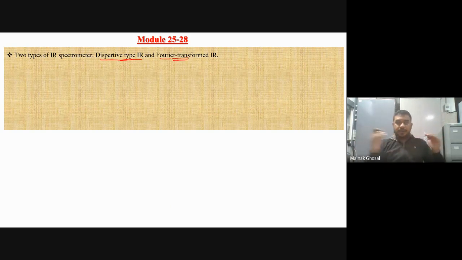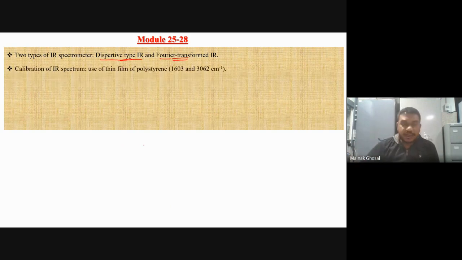You have seen that one movable mirror is there, and it will move, and it will give you what kind of frequency it is giving, and using the Fourier transform, this will be converted from the time domain, and you will get the IR spectra, and from that you will be able to identify what kind of groups are present in the molecule.